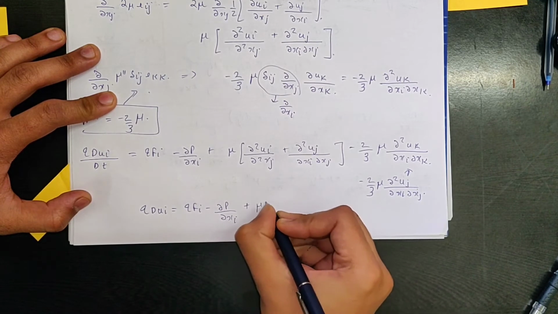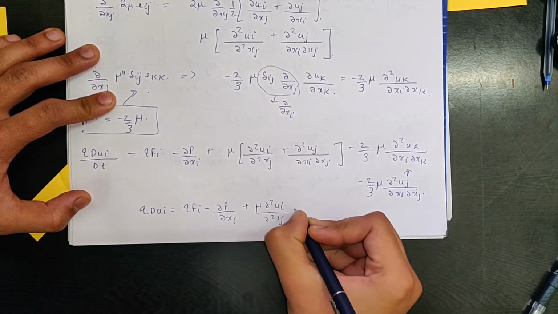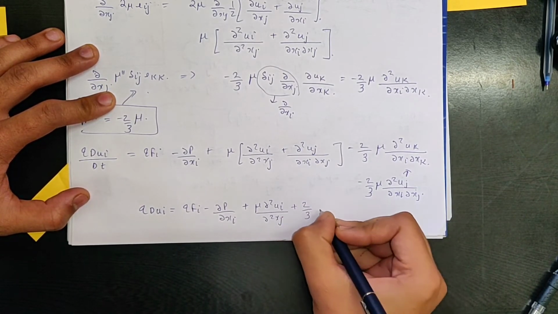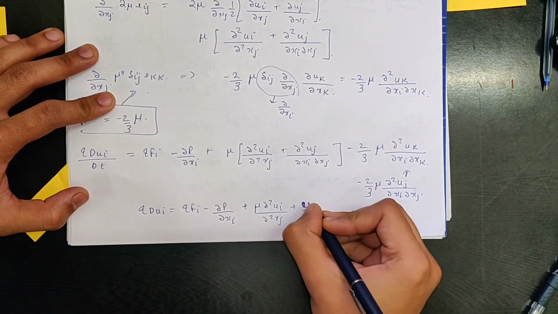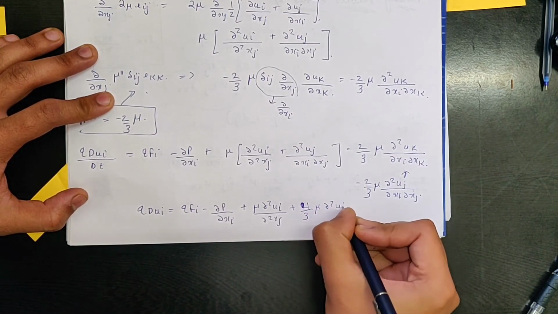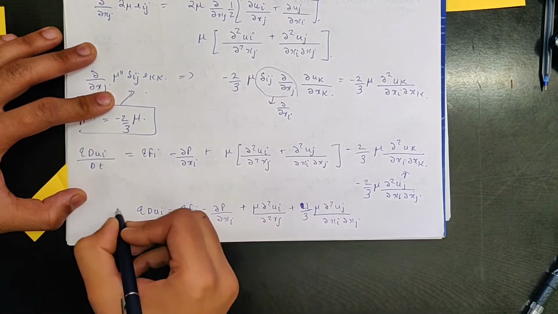plus mu times del 2 ui by del 2 xj plus 1 by 3 mu del 2 uj by del xi del xj.